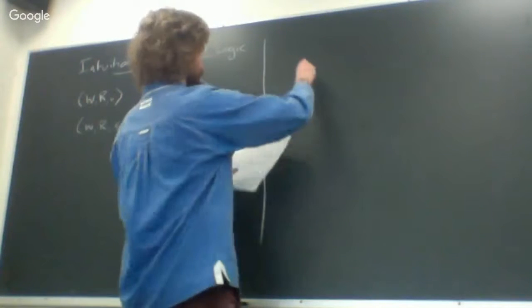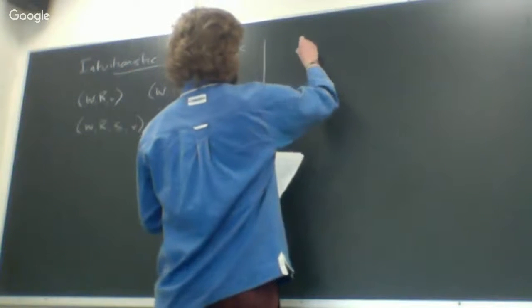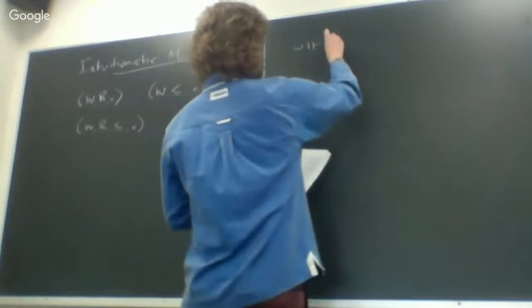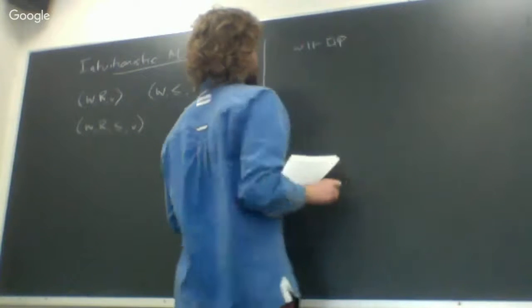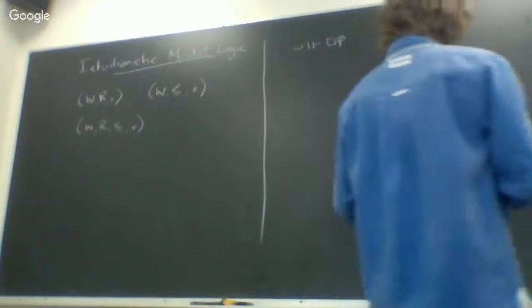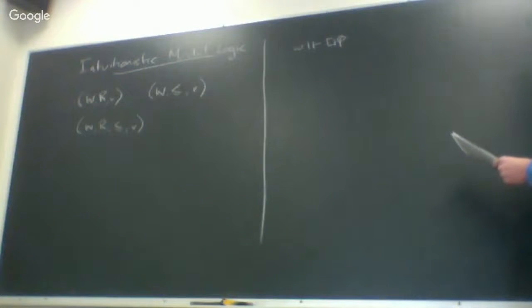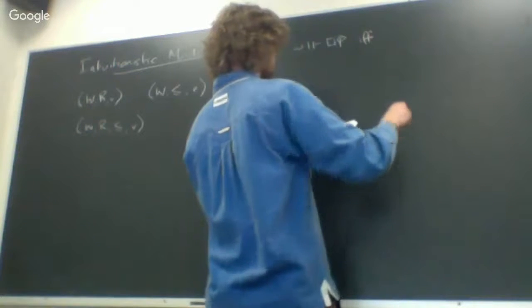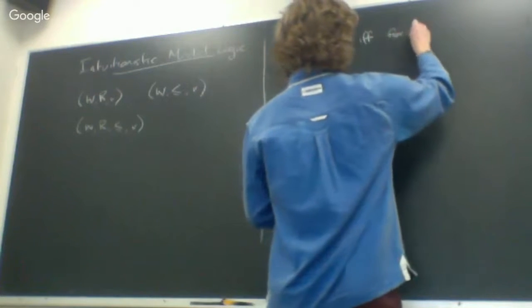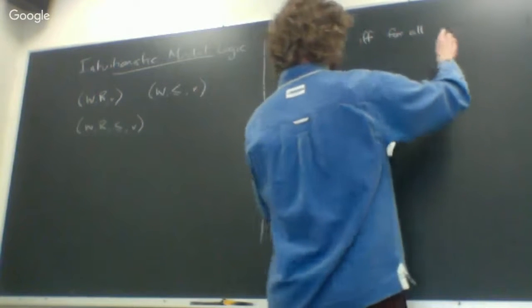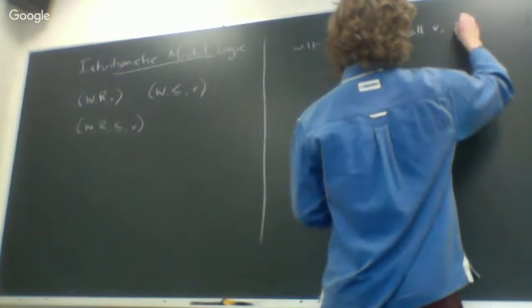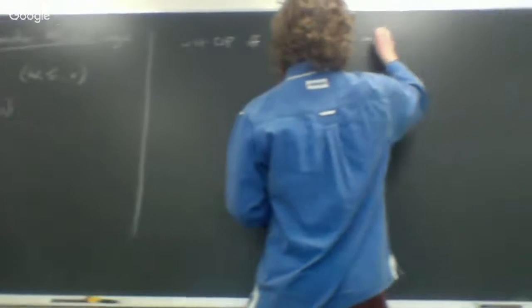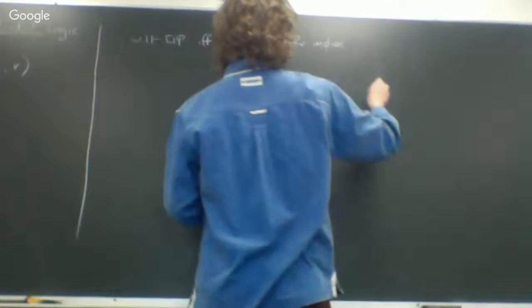One suggestion is that box phi is forced, or satisfied, at a world w if and only if for all v, w R v implies v satisfies phi.